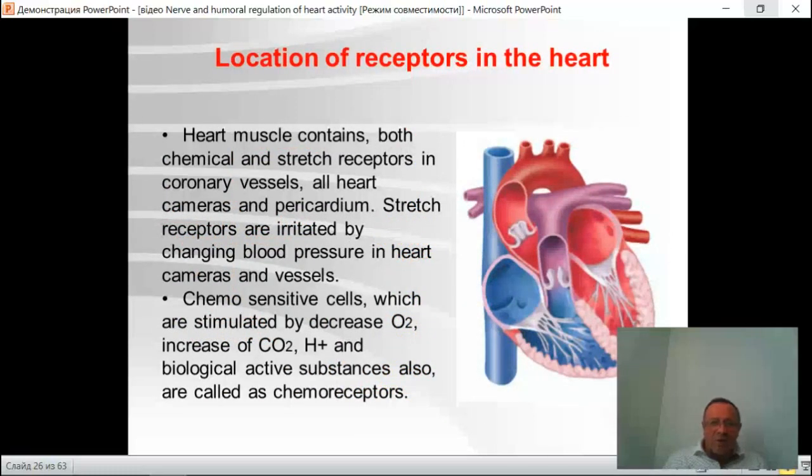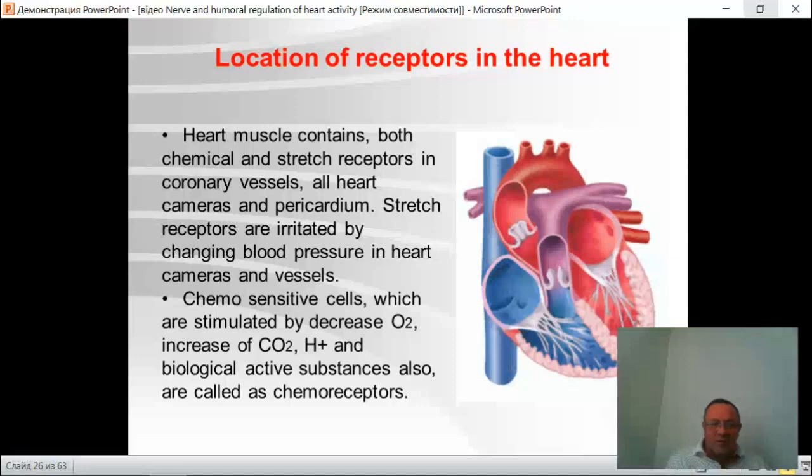Next, information about location of receptors in the heart. Heart muscles contain both chemical and stretch receptors in coronary vessels, all heart chambers, and pericardium.